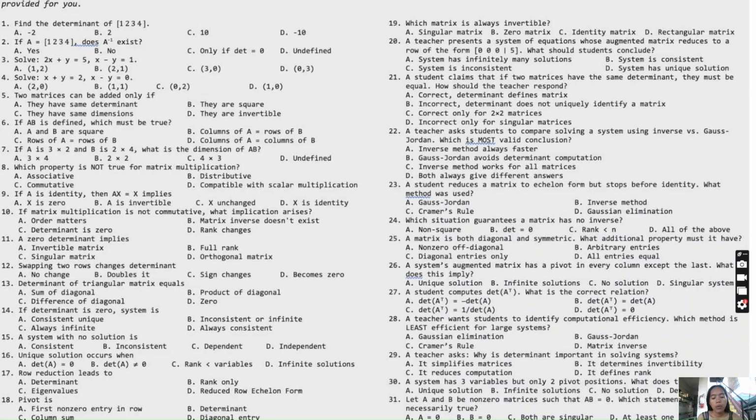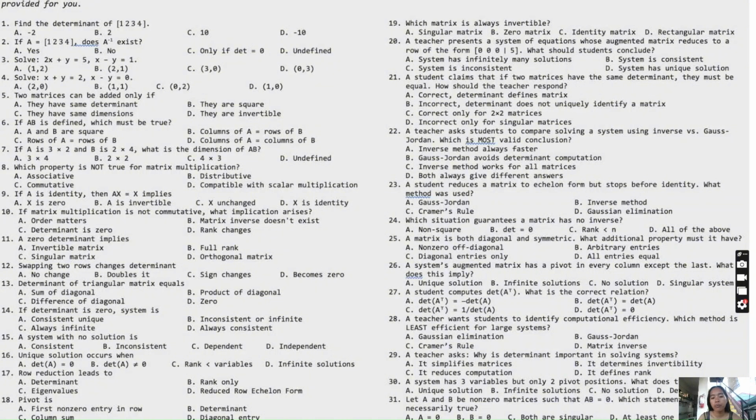When we use an inverse, we often need to compute the determinants, and that can be longer, especially for larger matrices. On the other hand, Gauss-Jordan elimination uses row operations directly to solve the system. So one important advantage of Gauss-Jordan is that it can solve the system without explicitly computing the determinant. That's why our answer is letter B.